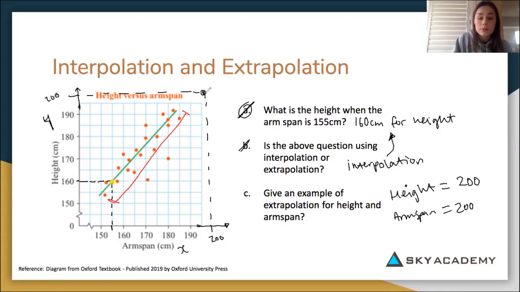So that would be my point there, and that is way outside my data range. So that would be an example of extrapolation for height and arm span.